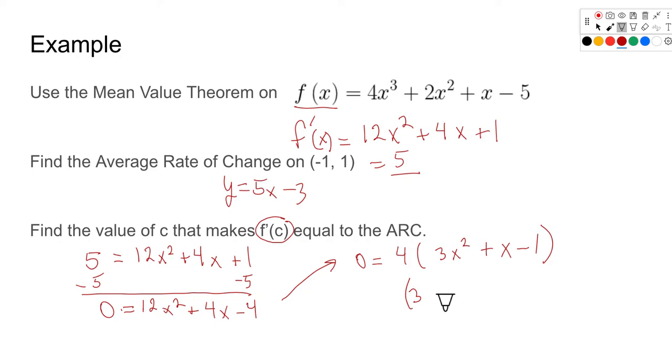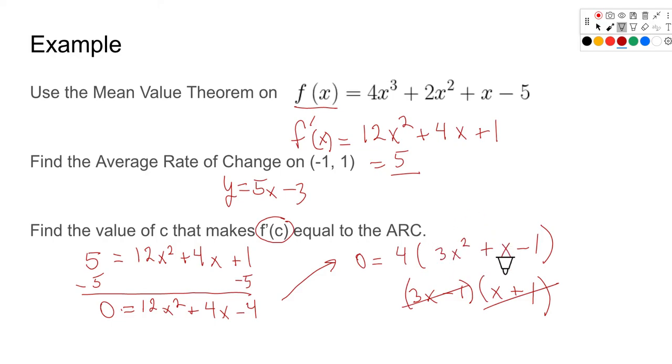If it factors, it'll probably be 3x minus 1 and x plus 1. I must have gotten something wrong. It was supposed to become like an integer value. It's not factoring. That's not going to factor, is it? Well, all that time spent doing that.